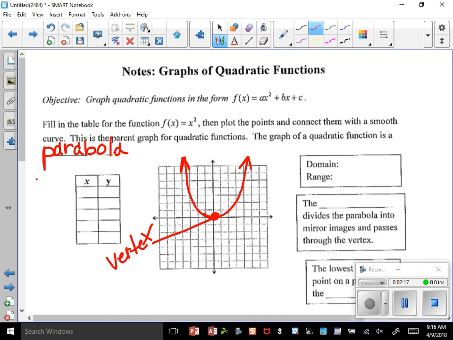So if I ask you, just looking over here, what are the domains? That means I'm asking you for the x values. Well, of course, when we did that unit back in November for parabolas, we said that as this parabola continues to get bigger, the x values will obviously spread across the entire x-axis, and we put that in set builder. We said x such that x is an element of all real numbers.